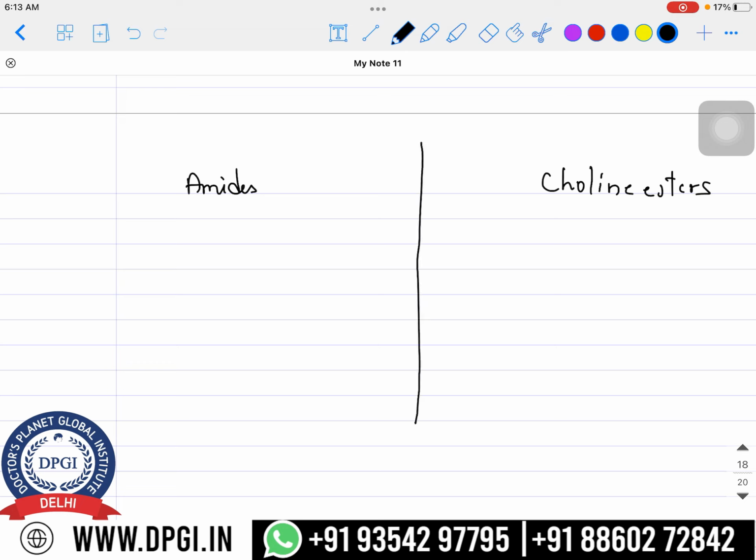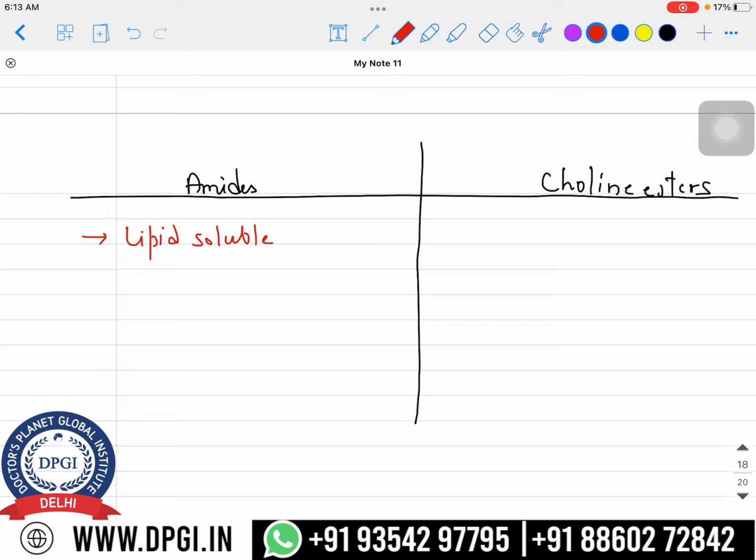So let me brief the info on what we can understand from these terms. In the amide section, we have some drugs. First of all, let me clarify. These drugs are lipid soluble, and the concept is that if a substance is lipid soluble, it is easier for it to go through the cell membranes, because our cell membranes are made up of lipids, right?